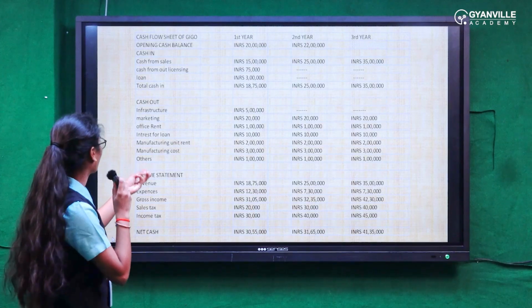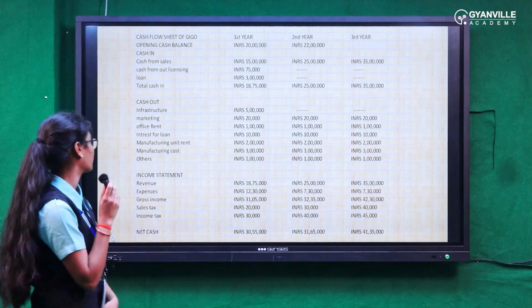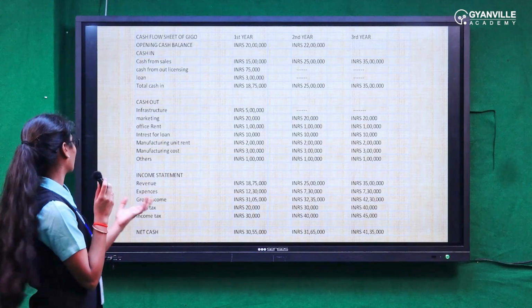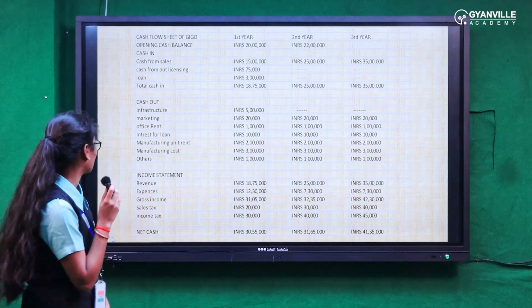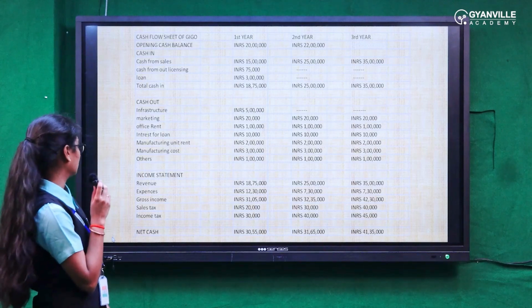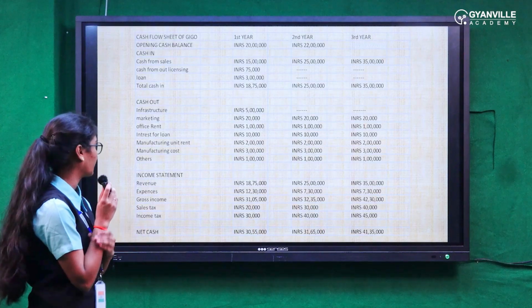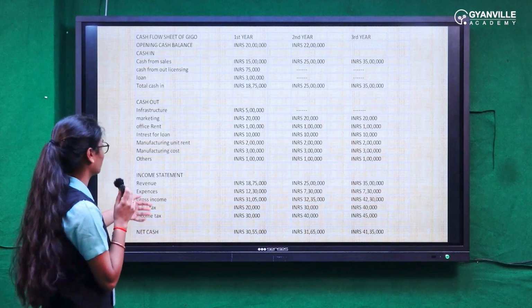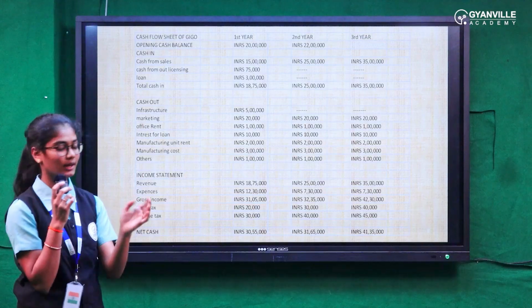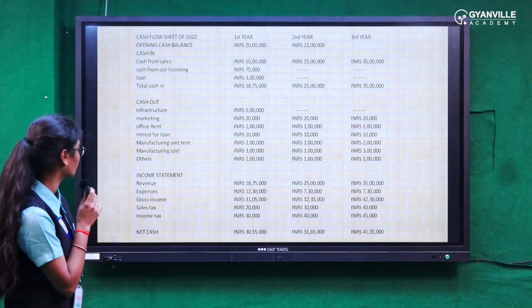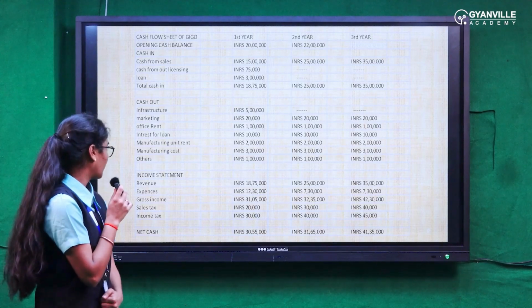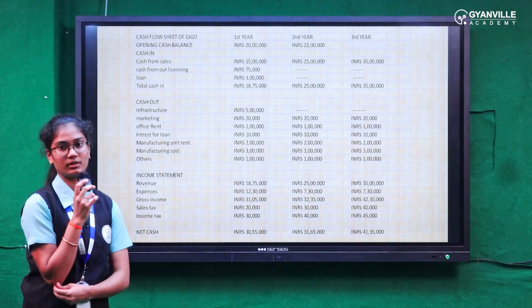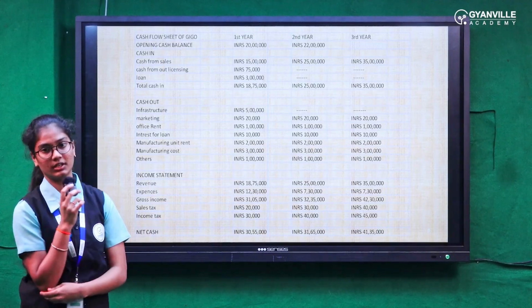Cash out includes infrastructure, marketing, office rent, loan interest and manufacturing rent, and the others we have kept at 1 lakh. Revenue minus expenses comes into gross income, and for the first year we finally have 30 lakhs 55,000, which goes on increasing.